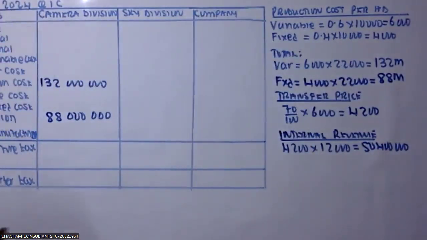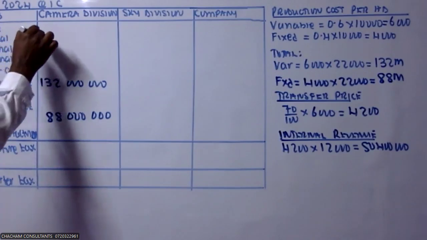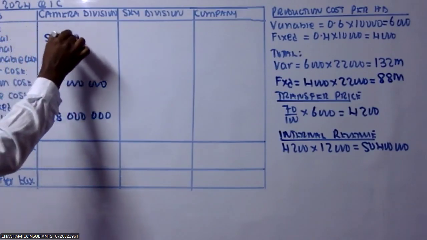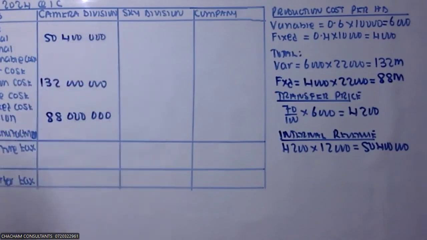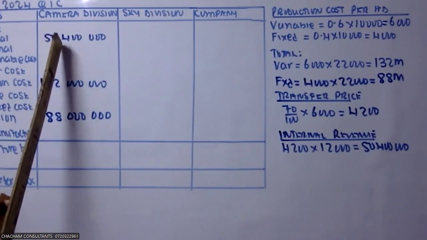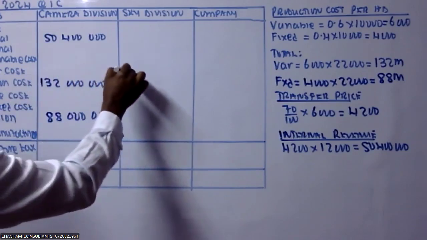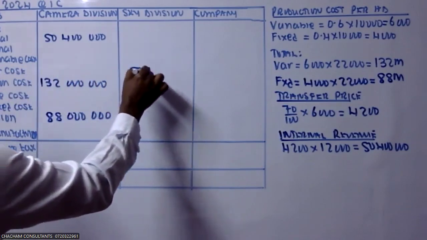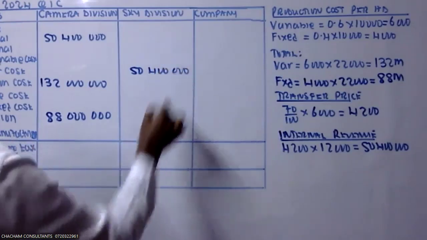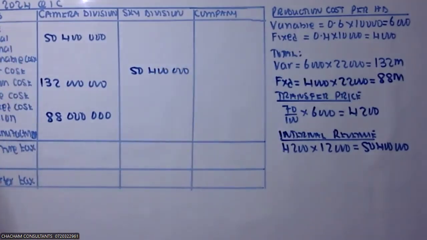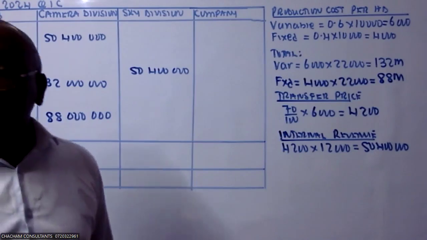Now, good. So that one you put here, 50,400,000. And as I told you, that internal revenue is also the transfer cost, and it has no impact on the company.